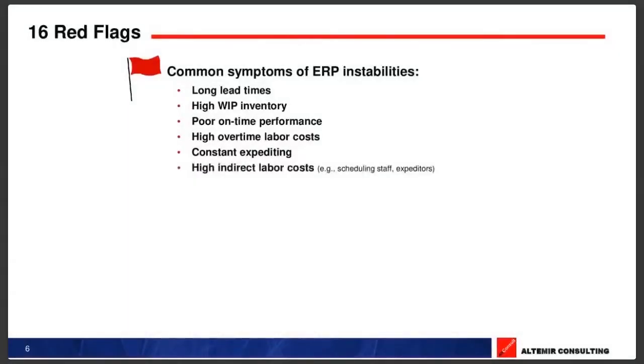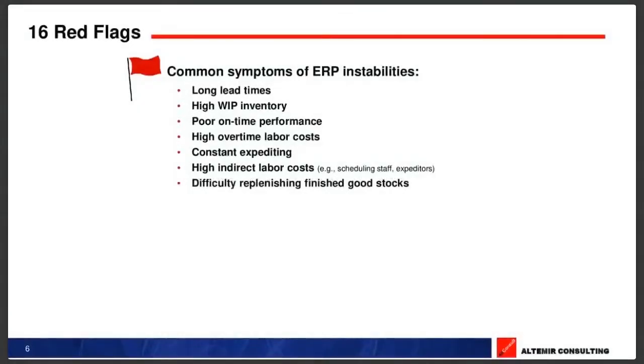So are high indirect labor costs. If you have a scheduling staff that's constantly immersed in daily shop floor activity, then I think you need to step back and take a look at how you're using your APS system. And by the same token, if you have expediters on the shop floor, then that should give you pause as well.